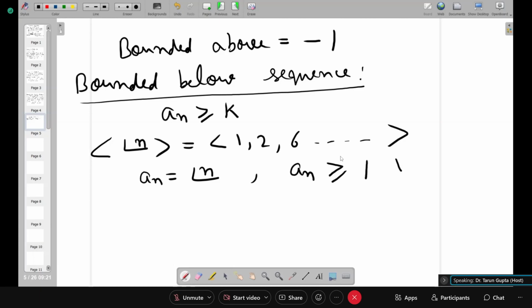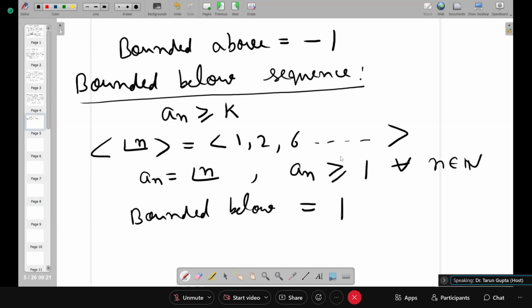All the terms of the sequence are greater than or equal to 1 for every n belonging to natural number. So here the bounded below element is 1.